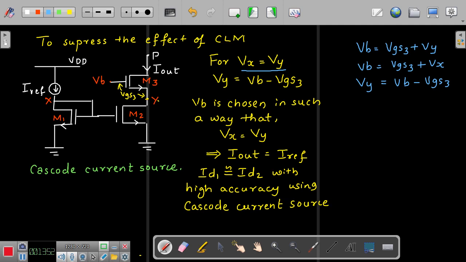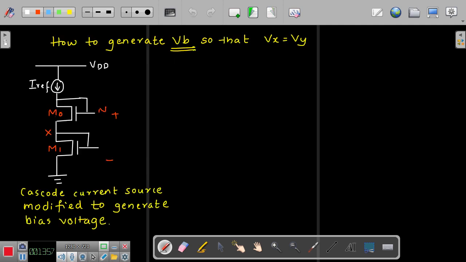The same thing I will write here also: VB is equal to VGS3 plus Vy, which is also equal to VGS3 plus Vx, or Vy is equal to VB minus VGS3. It is for the previous frame.